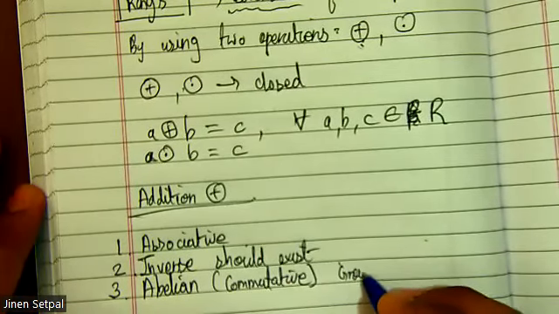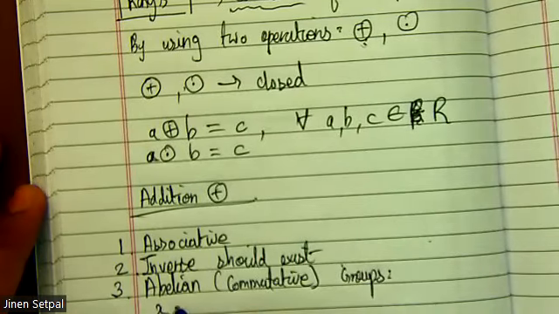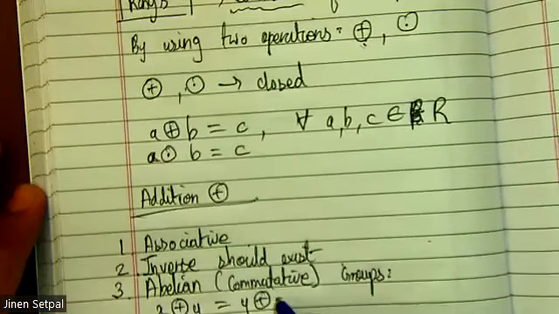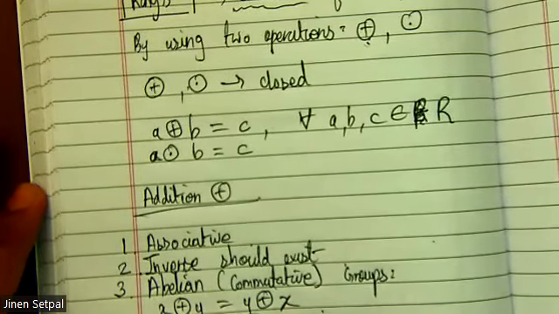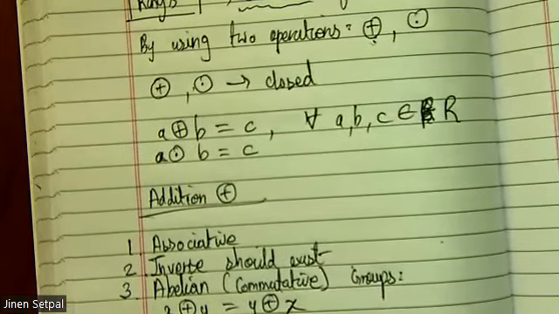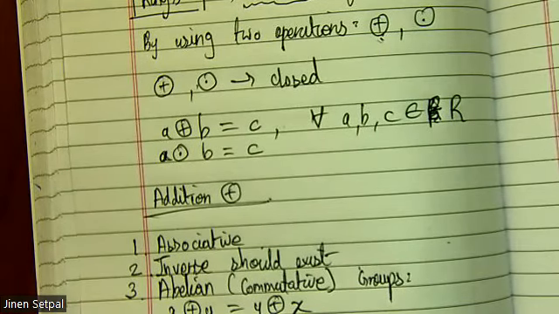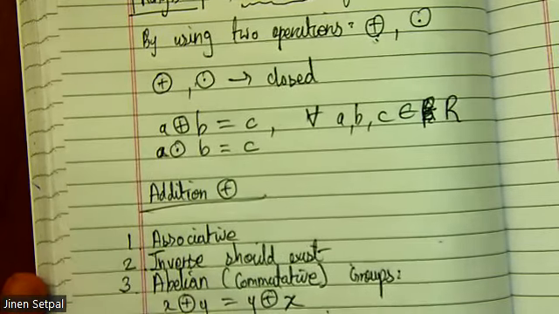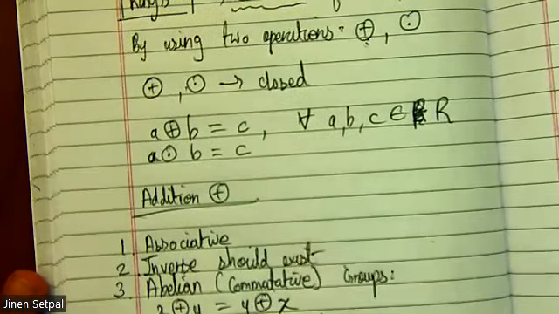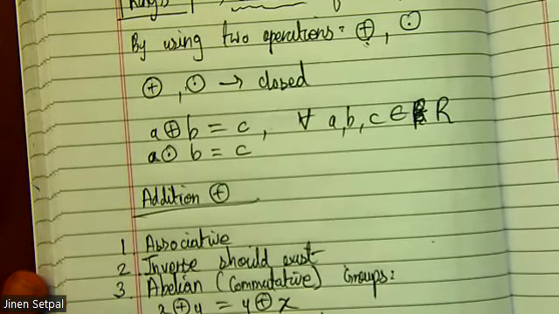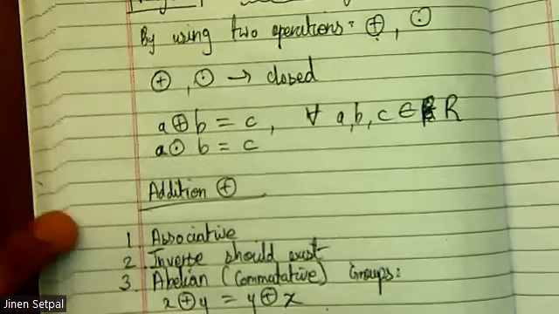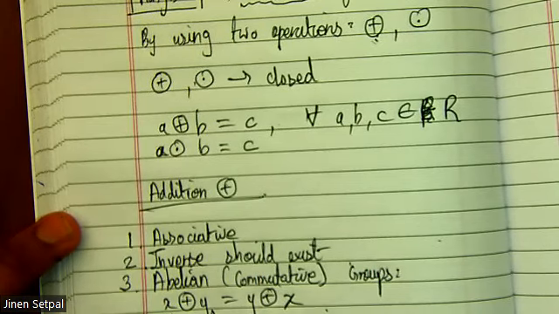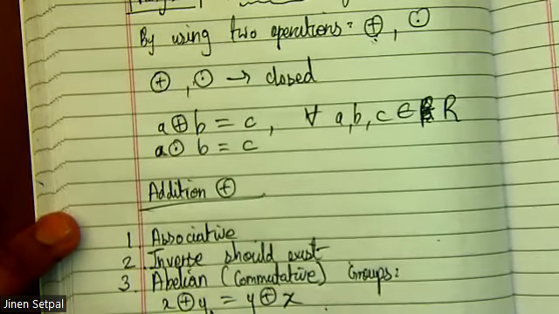To make this more explicit, we perform the additive operation, and if we get the reverse order, it should still stand and give us the same output. An important thing to note is that while we define x plus y, we are picking up x comma y as a pair out of our ring.